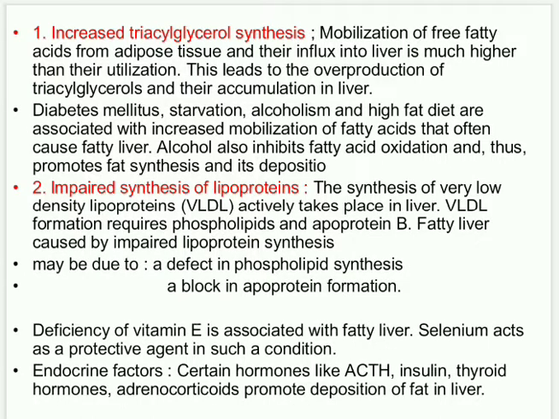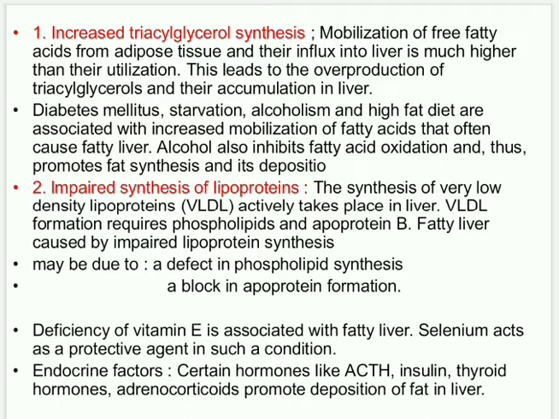Increased triacylglycerol: the mobilization of free fatty acids from adipose tissue and their influx into the liver is much higher than their utilization, and this may lead to overproduction of triacylglycerol and its accumulation in the liver.